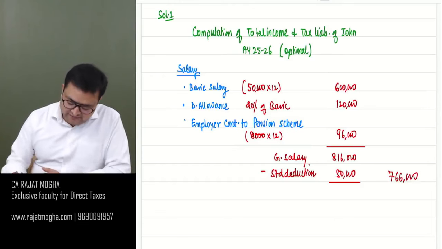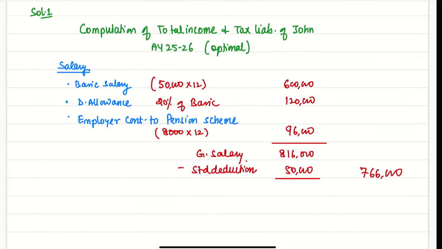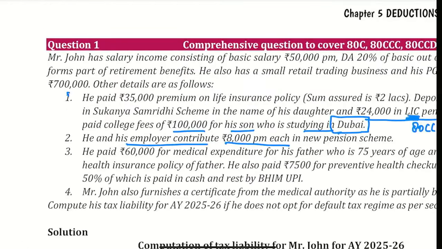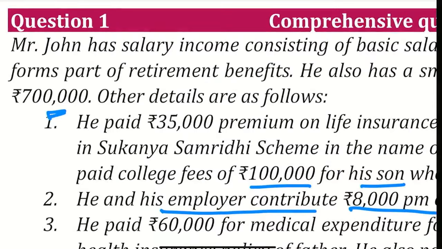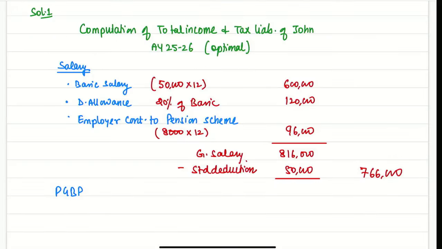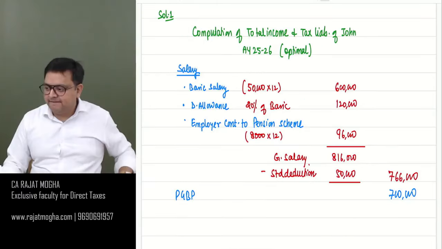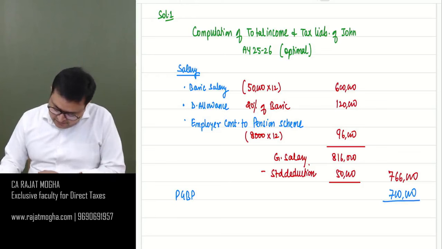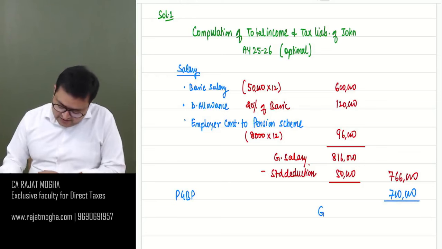And I believe we have PGBP directly. They have given us PGBP. PGBP was 7 lakh. So for our GTI, we don't have any other income.